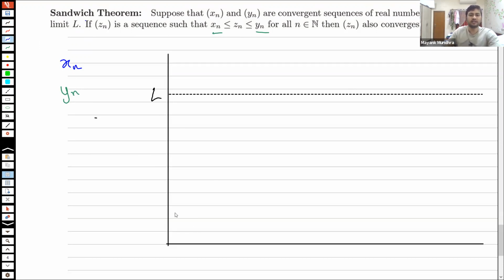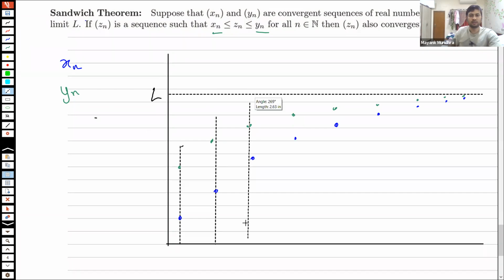So what it means is, let's say these are my points in xn. Let me draw yn first. yn is the larger sequence. So let's say these are my points in yn, which are heading towards capital L. And these are my corresponding points in xn, which is always less than yn, but it is also heading towards L. So both these sequences individually are heading towards L. But you see that for any given value of n, the blue dot is always lower than the green dot.